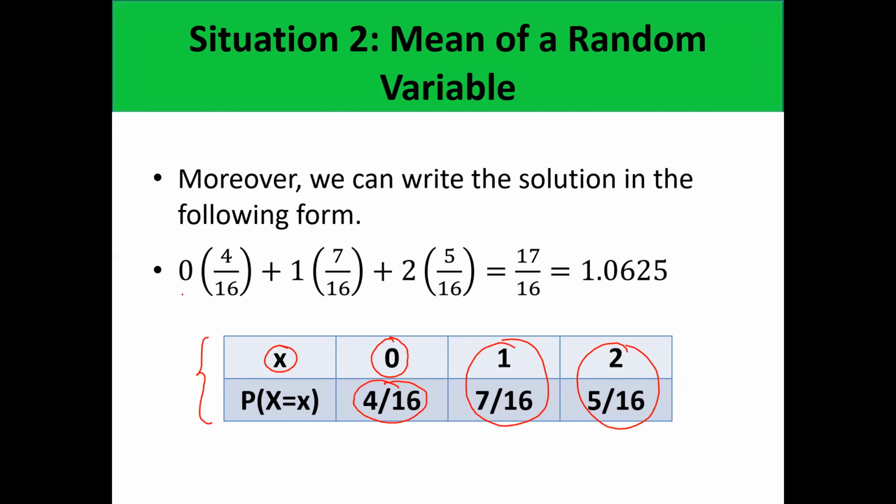So that is 0 times 4 over 16 plus 1 times 7 over 16 plus 2 times 5 over 16. And we get 17 over 16 or 1.0625, which is the same quantity that we got whenever we add all the 16 values and divide by 16.